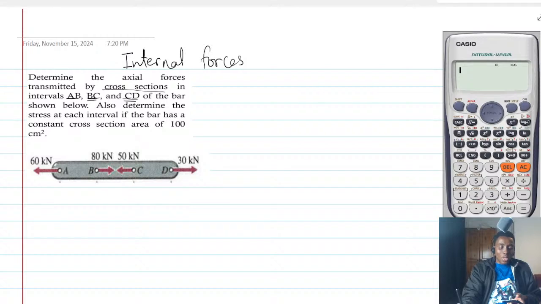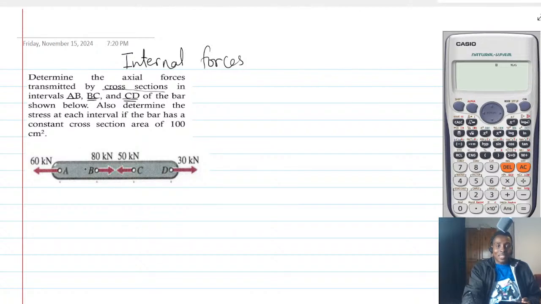So then, how do we do this? How can I solve this problem? So now the first thing to do is to actually look at what we call the internal forces.